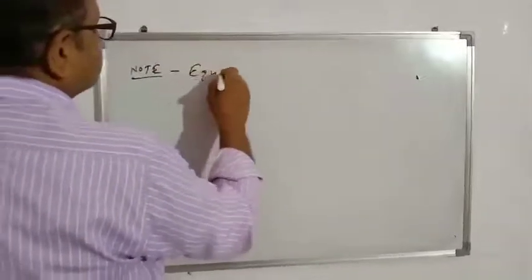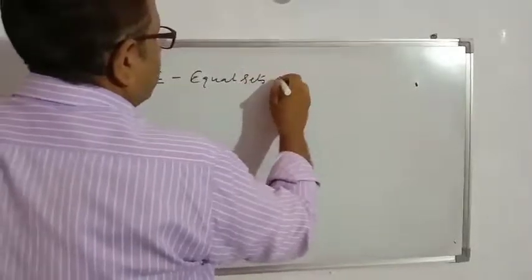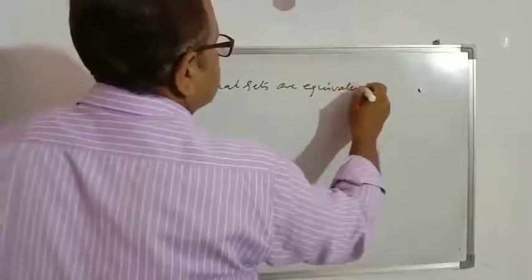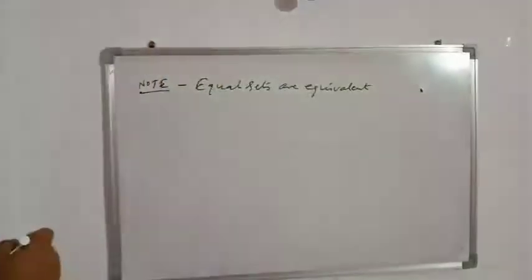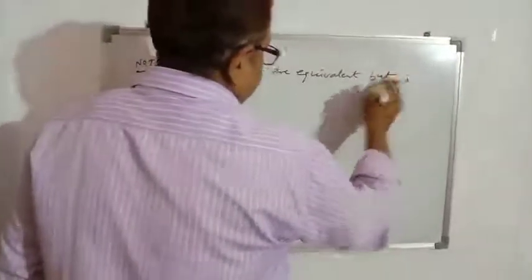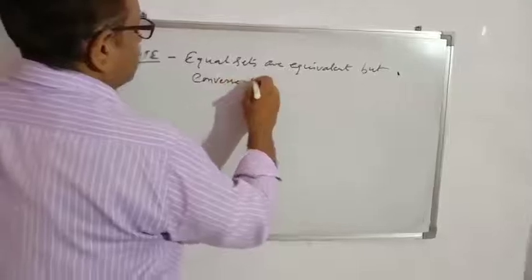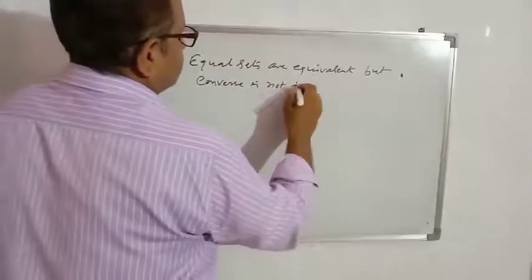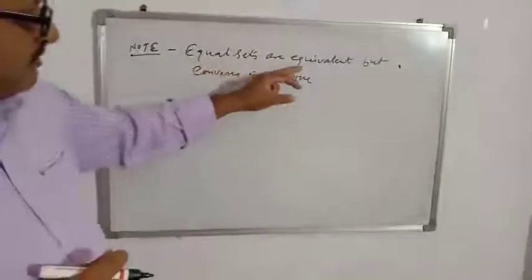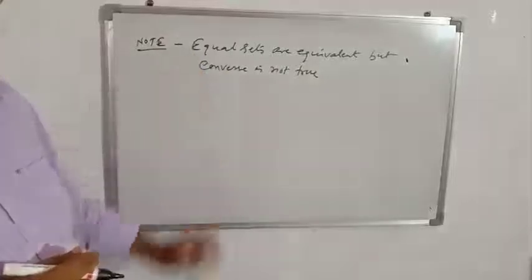Equal sets are equivalent, but the converse is not true. It means every pair of equal sets is equivalent also, but every pair of equivalent sets is not necessarily equal.